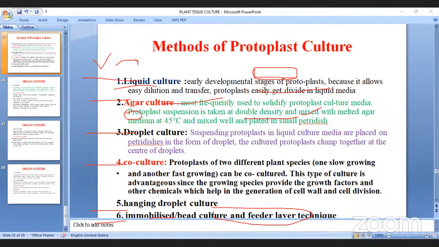Droplet culture: suspending protoplast in liquid culture media. If we use the liquid culture media placed on petri dish in the form of droplets, that means, for example, this is the liquid medium.